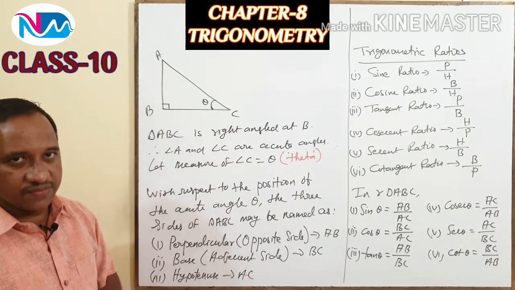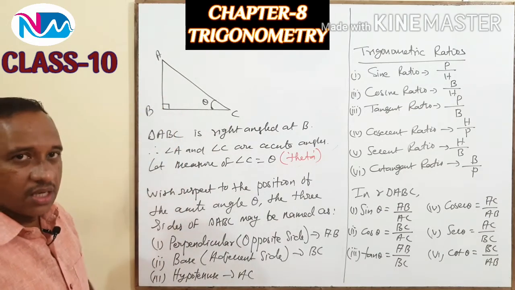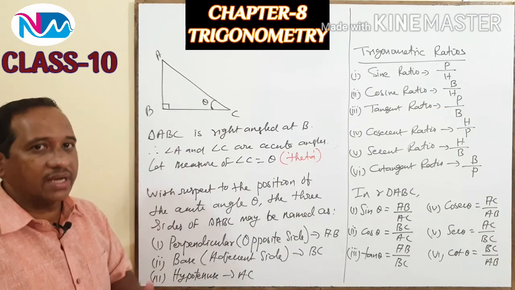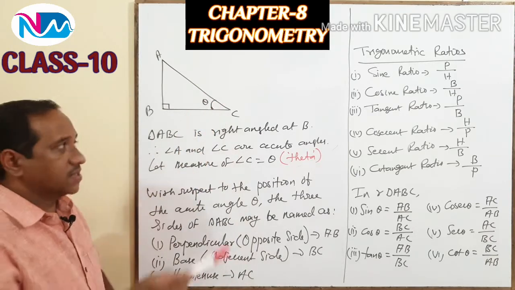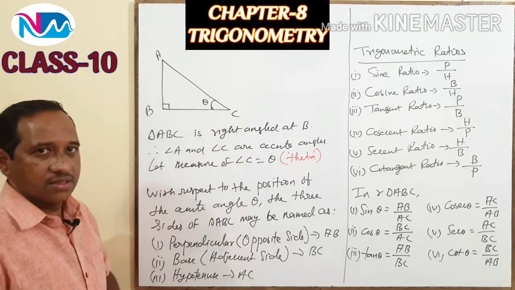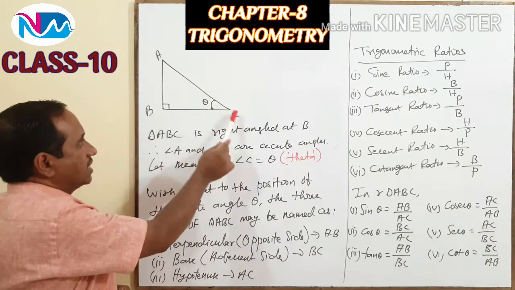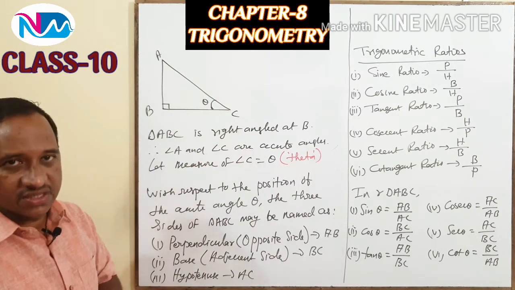Here it is AC. So, for this right angled triangle, if angle C is considered, which is an acute angle, with respect to the position of angle C, represented by theta, perpendicular is AB, base is BC, and hypotenuse is AC.